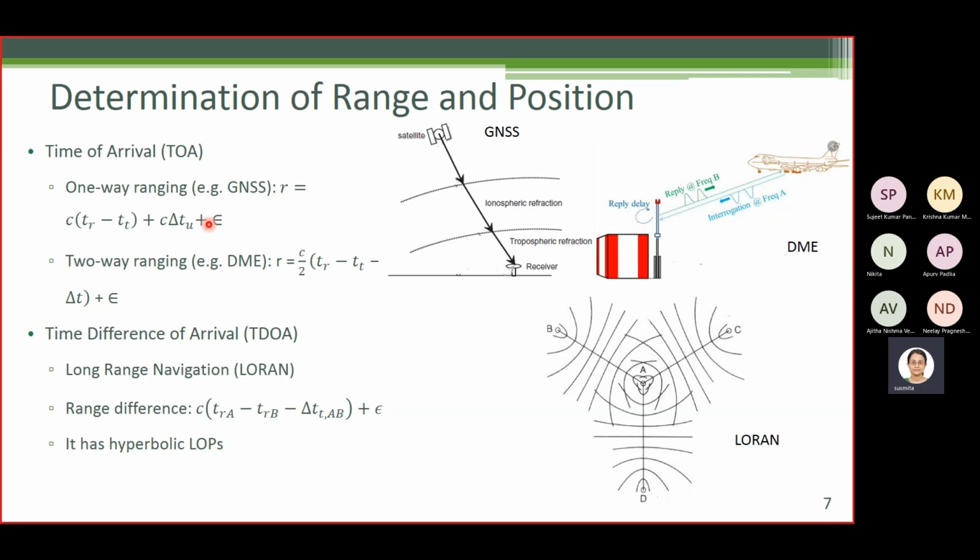Okay, so our objective is to remove this epsilon term as much as possible and estimate the unknowns. So it's equivalent to solving equations to get the unknowns, but the extra thing that we need to do is to remove epsilon as much as possible.